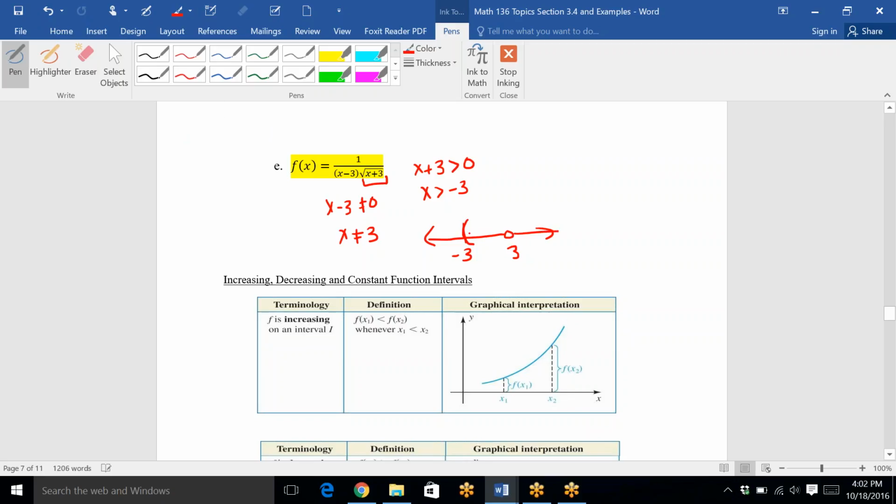So essentially, we shade everything bigger than negative 3 except for 3. In interval notation, that would be negative 3 to 3, both with a parentheses, union with 3 to infinity.